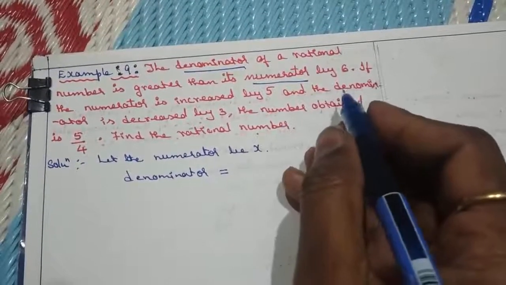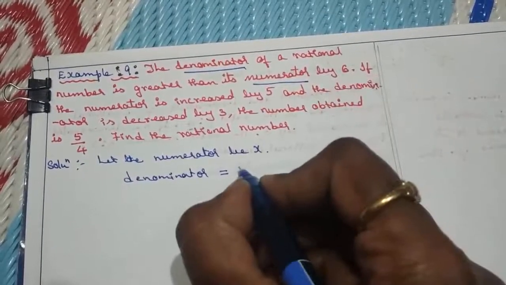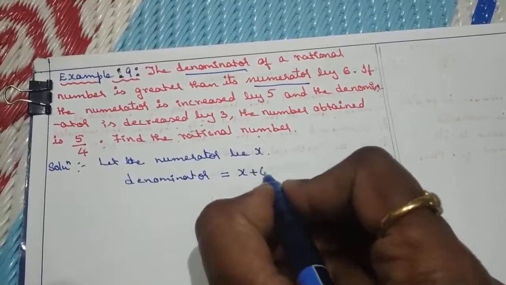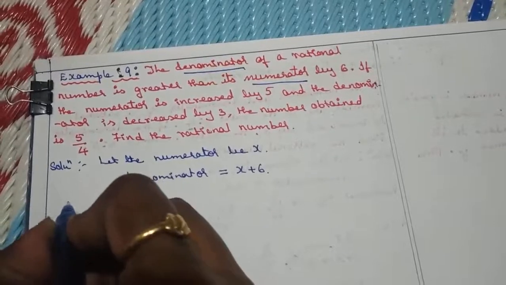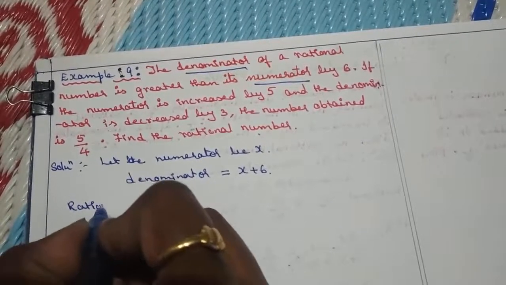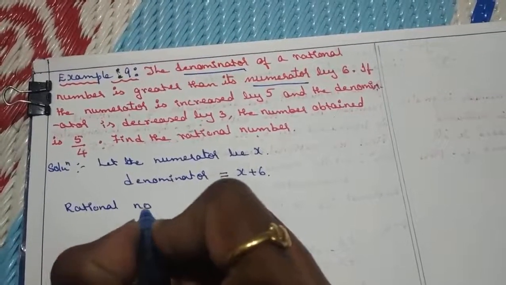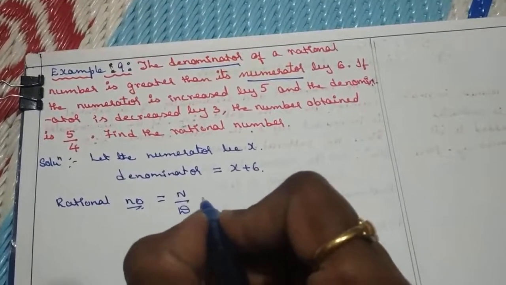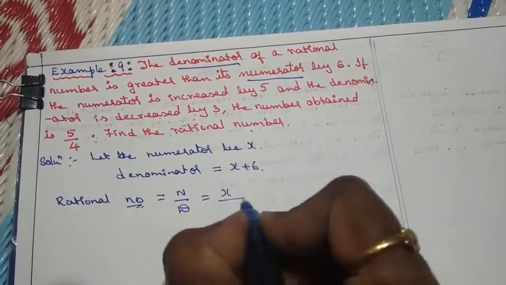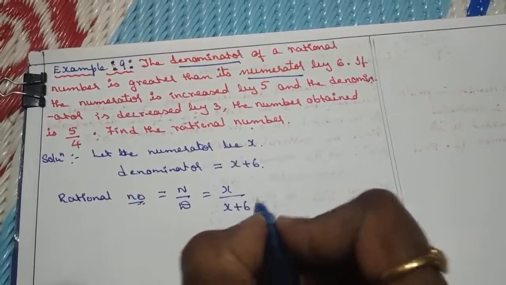By how much is it greater than the numerator? By 6. So x plus 6. Then we got the numerator and the denominator. So the rational number obtained will be numerator by denominator, which is equal to x by x plus 6.